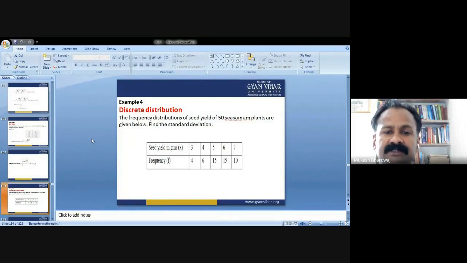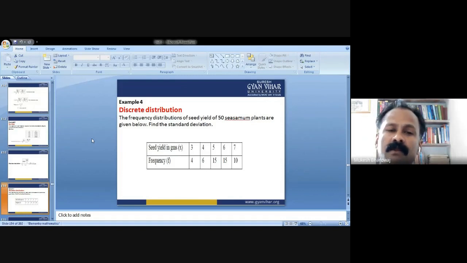The seed yields are 3 gram, 4 gram, 5 gram, 6 gram and 7 gram. 3 gram is given by 4 plants, 4 gram by 6 plants, 5 gram by 15 plants, 6 gram by 15 plants, and 7 gram by 10 plants. If you add these frequencies, it comes out to be 50, so the value of n is 50.